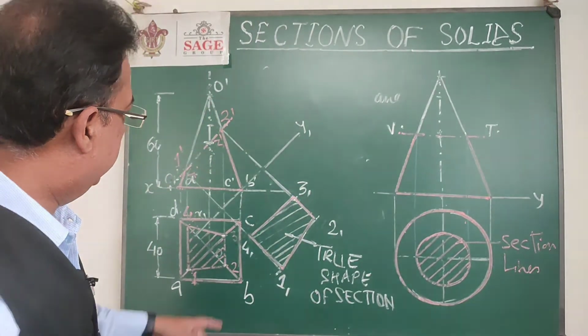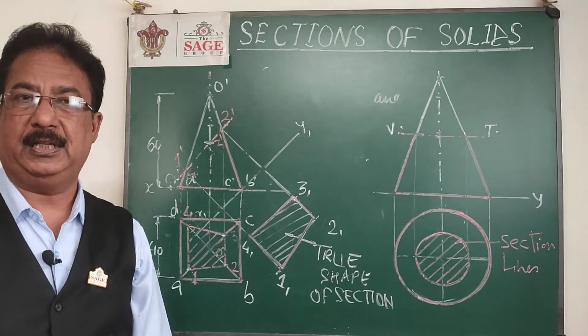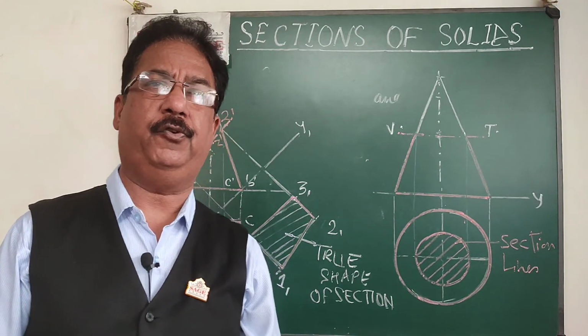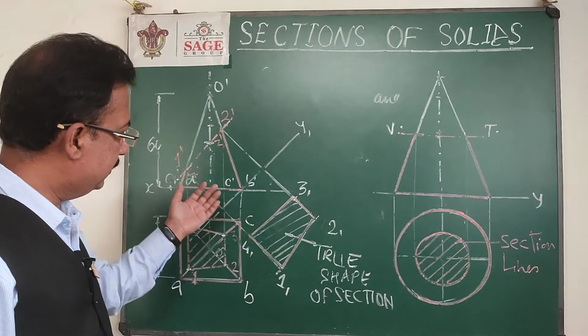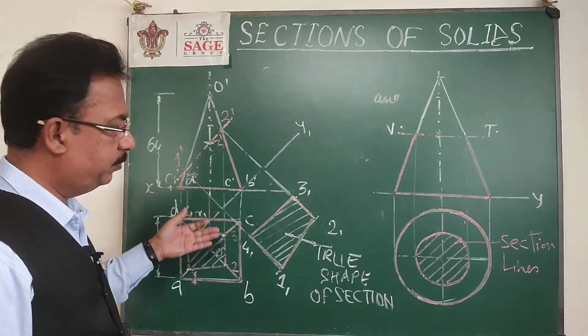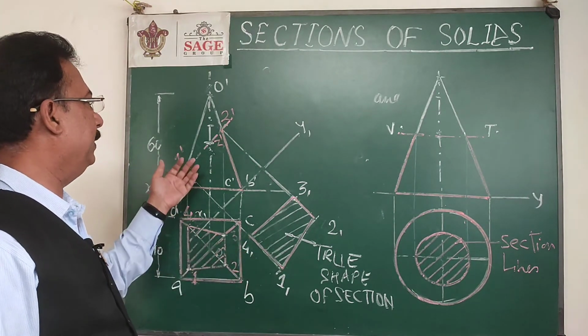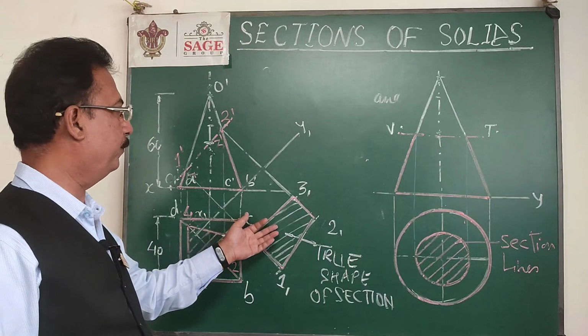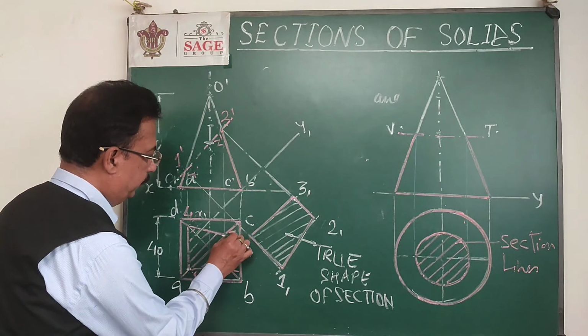The method that I have used to find the true shape is known as the change of reference line method, and the simple logic is that the distance of the new view from the new reference line will be the distance of the old view from the old reference line. Right at the moment, from this front view I am drawing the top view, so I have taken the distance of the old top view.